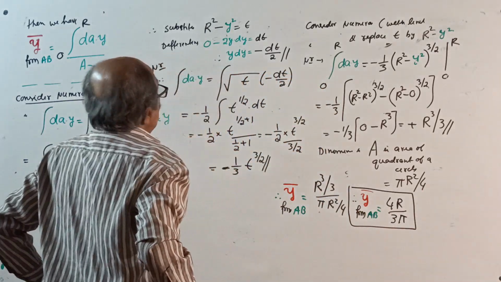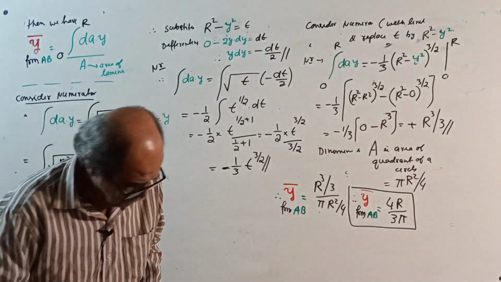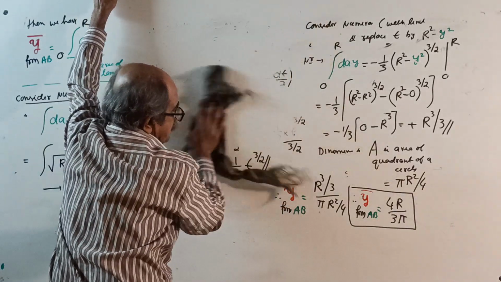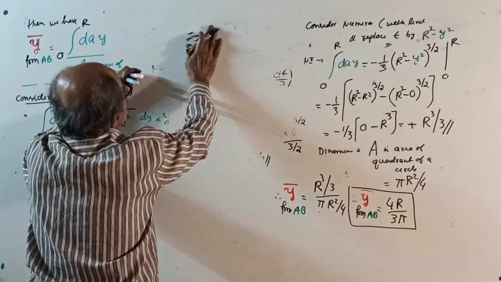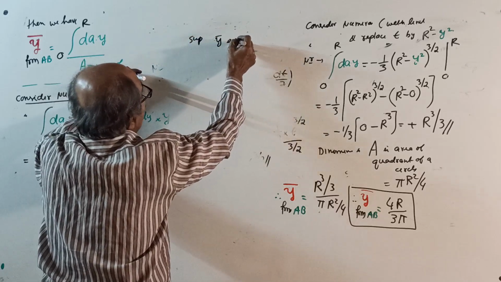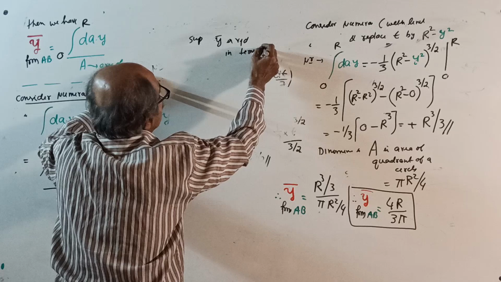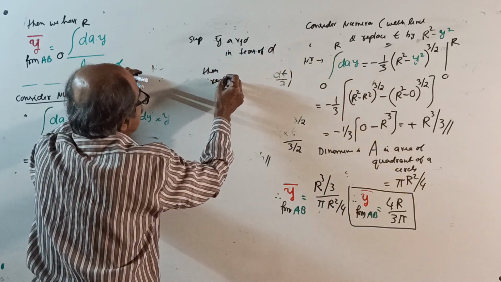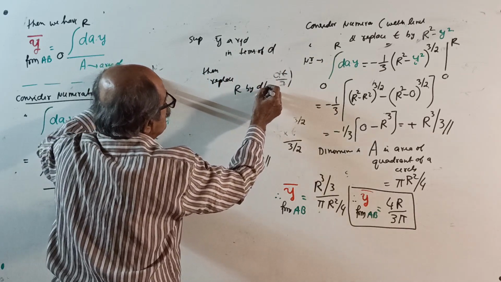Okay, now make a note. You got 4r by 3 pi. Make a small note: suppose y bar is required in terms of diameter. Then replace r by d by 2.